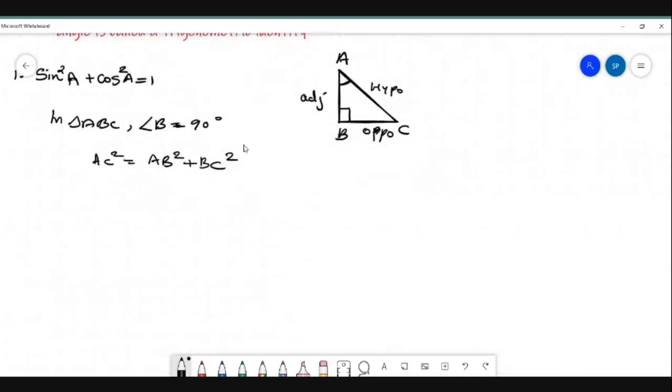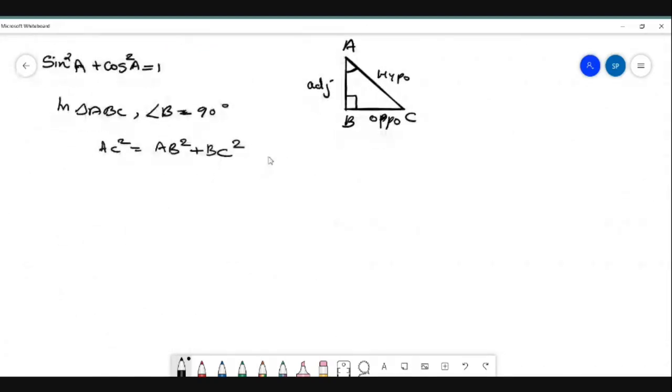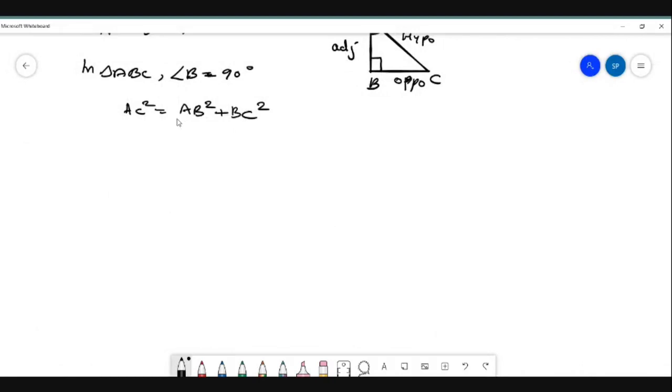So for proving this identity, let us divide throughout this equation by AC square. We divide the equation with AC square. So it is AC square by AC square equal to, we have to divide each of these terms by AC square.